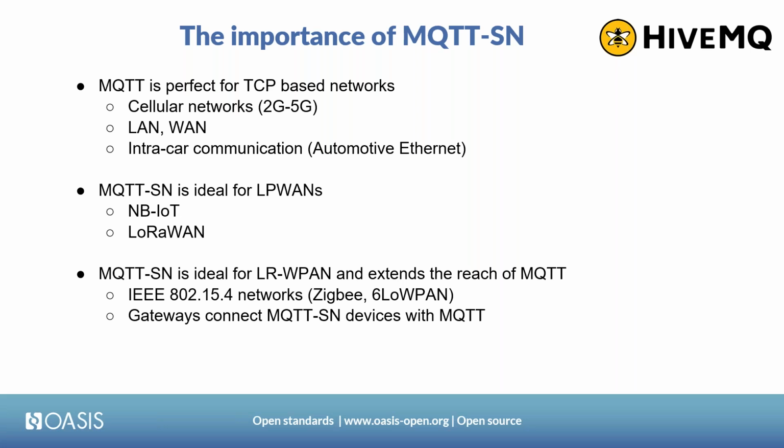over TCP. But if we look at low power wide area networks, like LoRaWAN or narrowband IoT, then MQTT and TCP really have some shortcomings. This is where we see, as HiveMQ, that MQTT-SN really fills the gap, and we have a lot of customers who are interested in this.